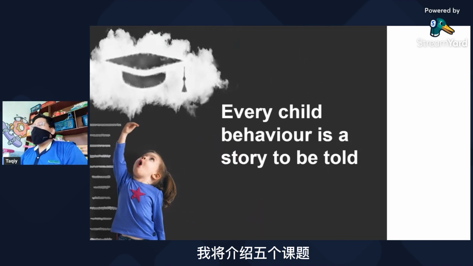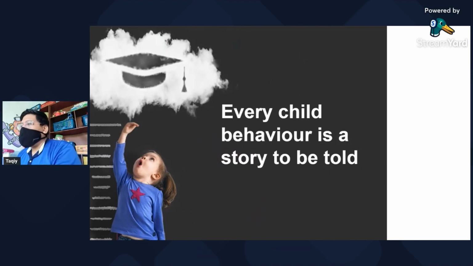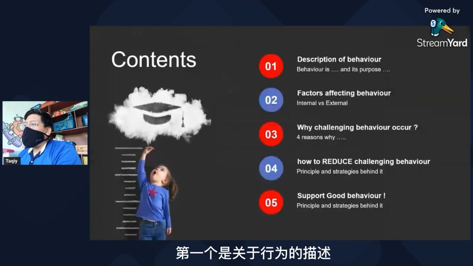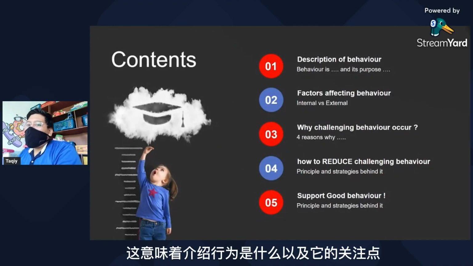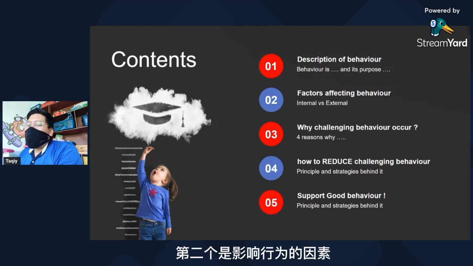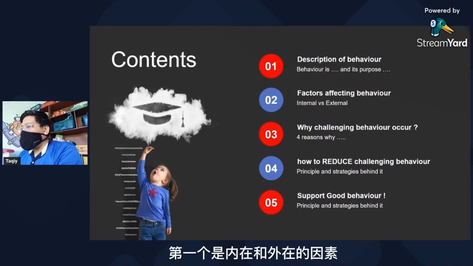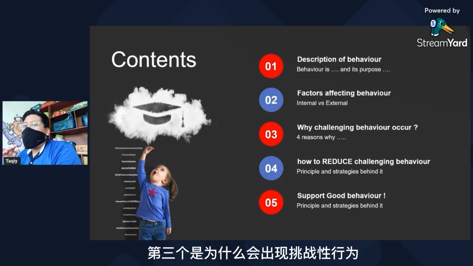I am going to present 5 general things. The first one being descriptions of behavior, which means what the behavior is and its purpose. Second, factors affecting behavior. There are two main factors, the internal and the external. Number 3 is why challenging behavior occurs.